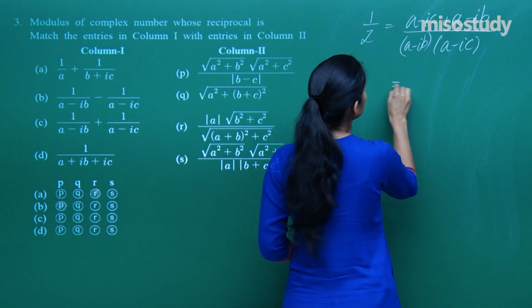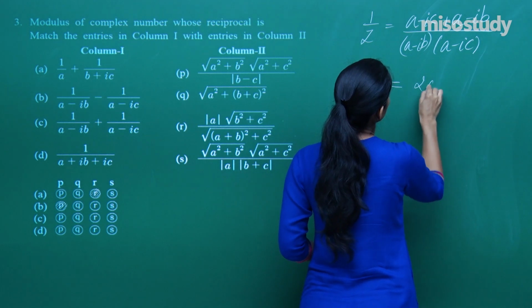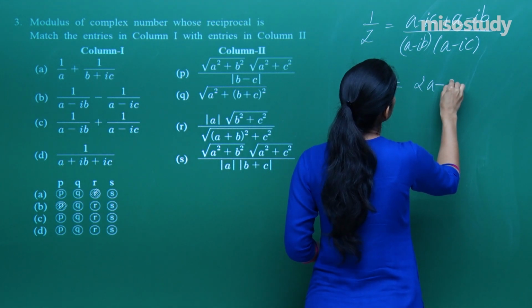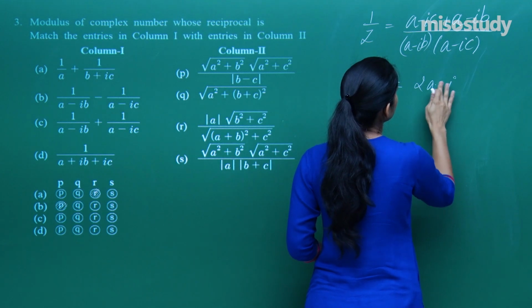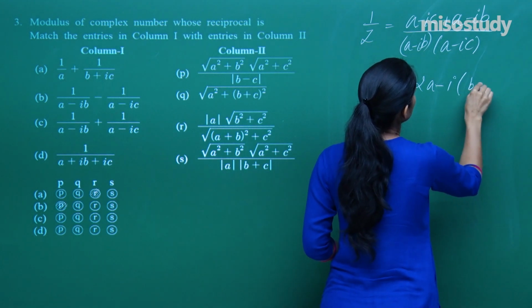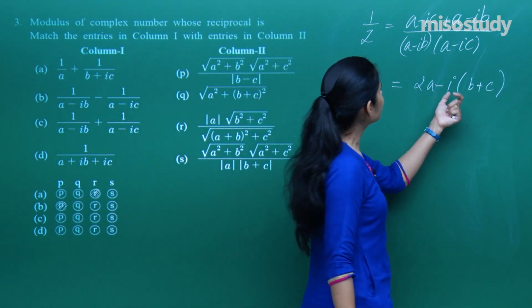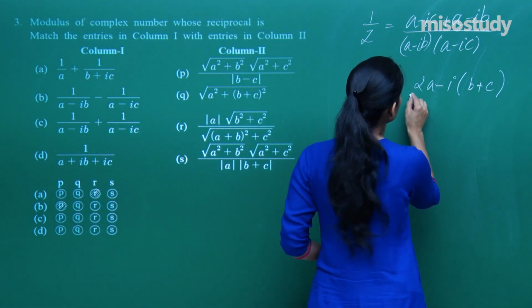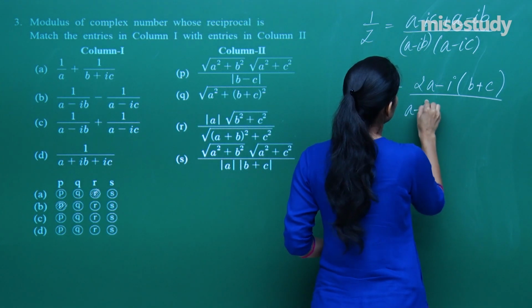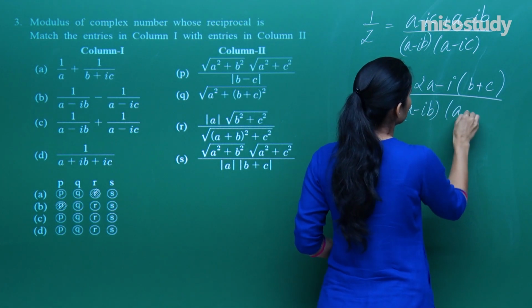So you have a plus a is 2a minus iota, or let me take it minus iota times b plus c. Why? Because it is minus iota b minus iota c, whole upon a minus iota b, a minus iota c.